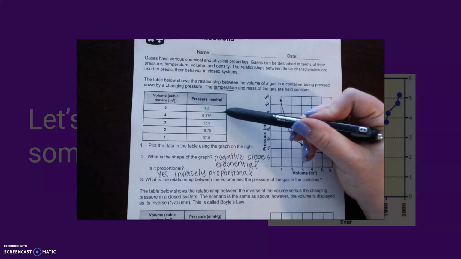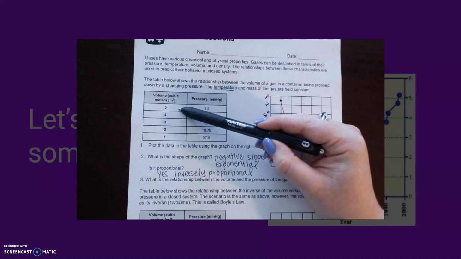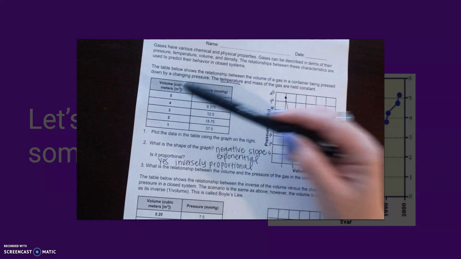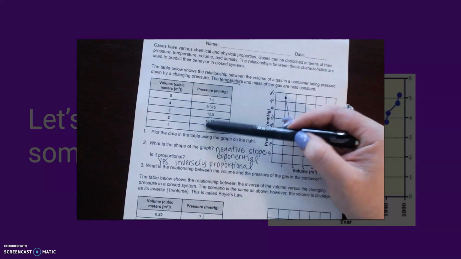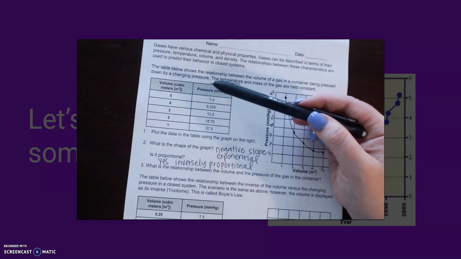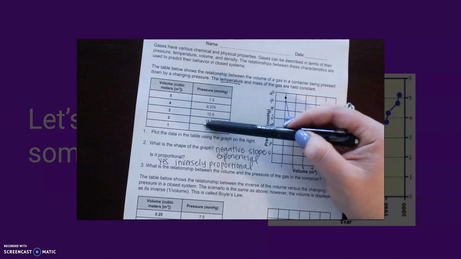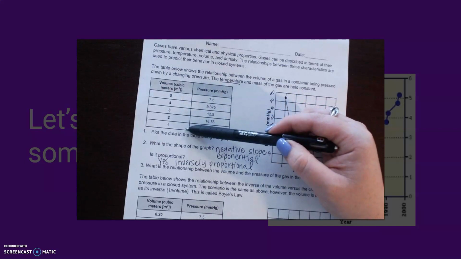My last question said, what is the relationship between the volume and the pressure of the gas in the container? So when I looked at my table, I noticed that as my volume increases, my pressure decreases. Or vice versa. As my pressure increases, my volume decreases.